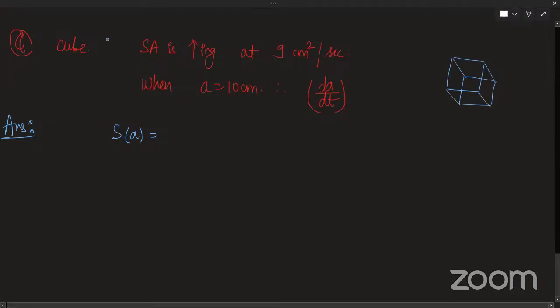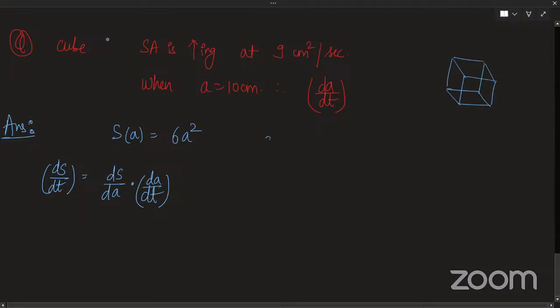Tell me, what is the surface area of a cube? 6a square, right? Yes, sir, 6a square. Great. Now the issue is, it has given me the rate of change of area with respect to time. So what has it given me basically? It has given me dS by dt. So applying the chain rule, it can be written as dS by da into da by dt.